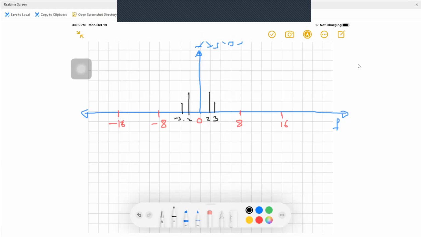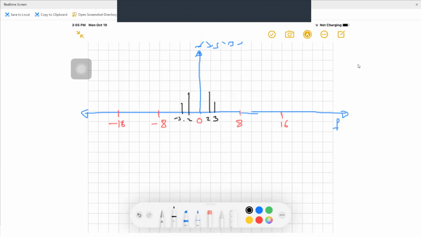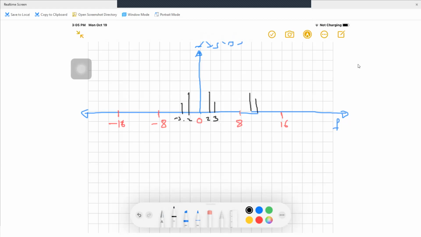So we have the frequencies 10 and 11, and on the other side, 8 minus 2 and 8 minus 3: 6 and 5.